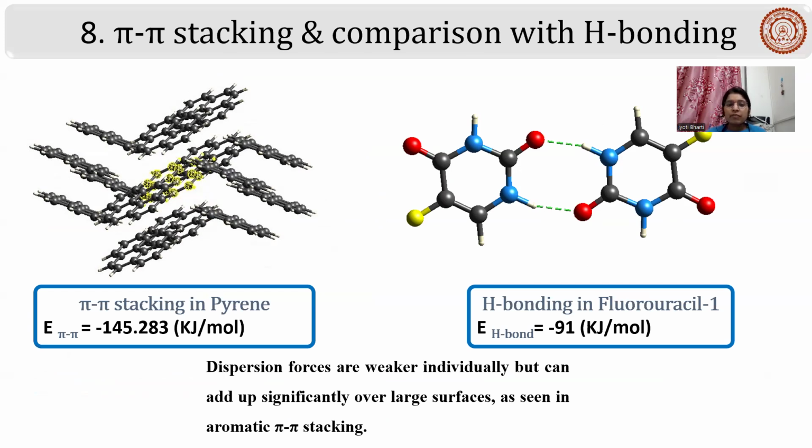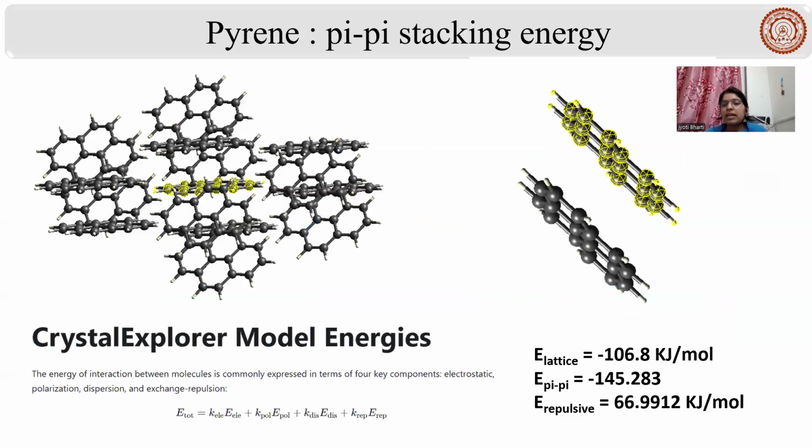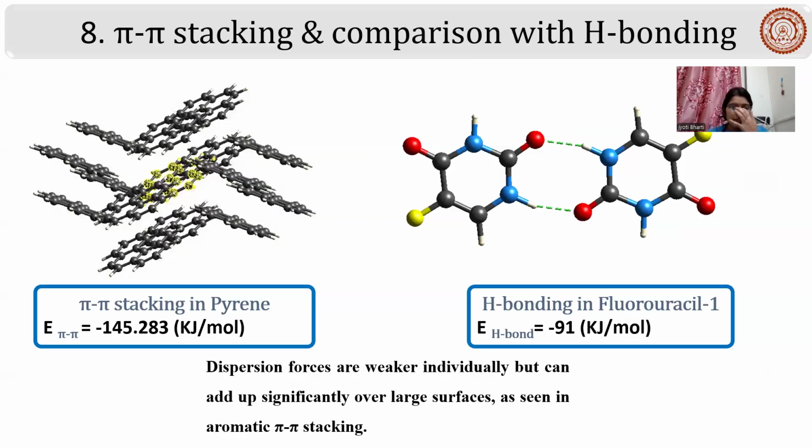So we concluded that although dispersion is sometimes weak, here we can see that it can add up to a significant amount of stabilization. In the case of pyrene, the most stabilizing factor is dispersion energy, which is very negative compared to the lattice energy also, contributing more to stabilization than the hydrogen bonding in the case of uracil.